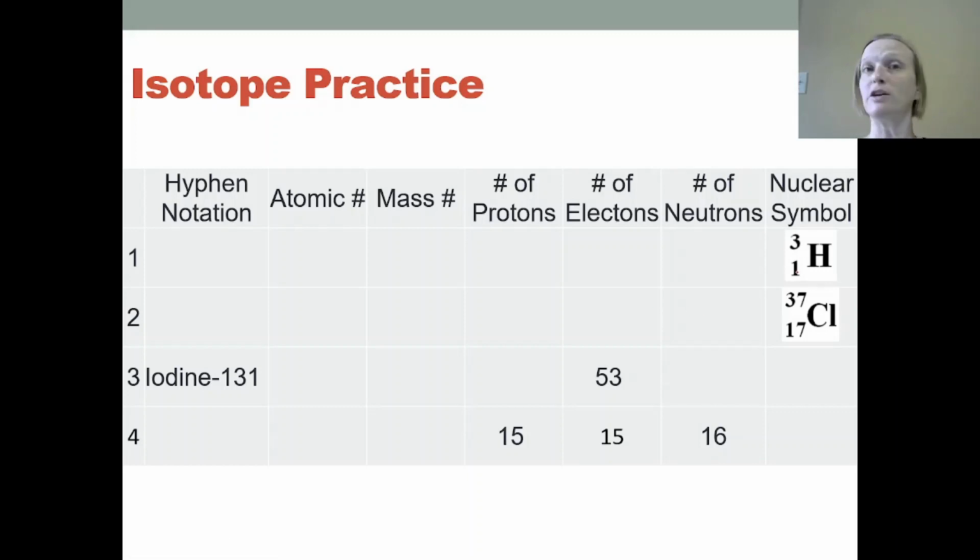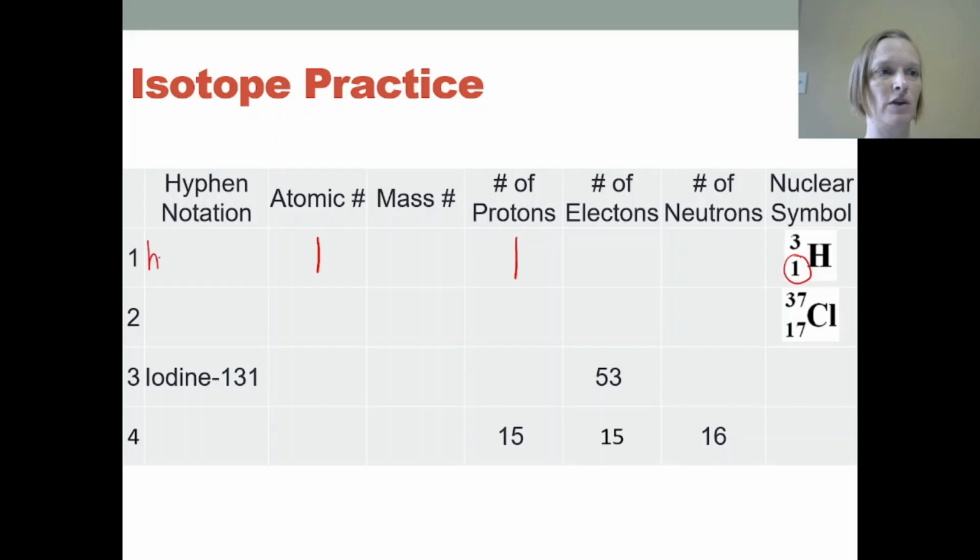If I'm given a nuclear symbol, I should be able to tell from the nuclear symbol what element I have, but if I'm not totally sure, I can look up the atomic number. The atomic number is 1, which means I'm dealing with hydrogen. So my atomic number is 1, so my number of protons is 1.